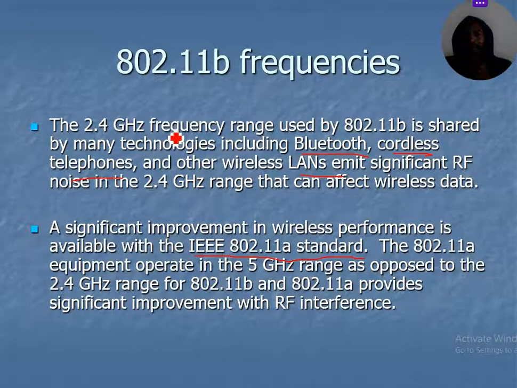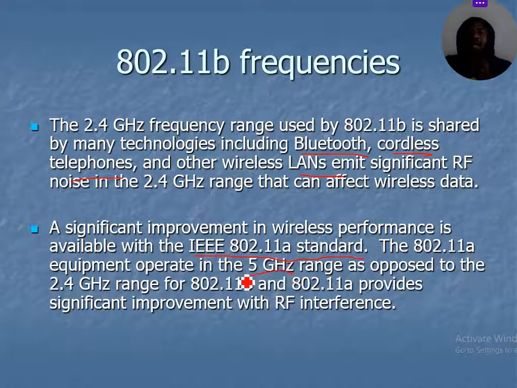The 802.11b uses a speed of 11 megabit per second, while the 802.11a has a higher data transfer rate of 54 megabit per second. That's not the only advantage it has. It also has a bandwidth or frequency channel of about 5 gigahertz.